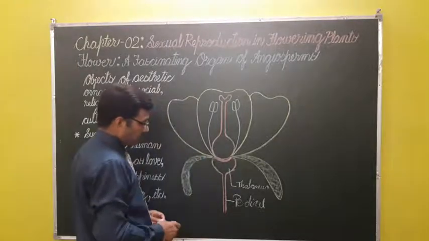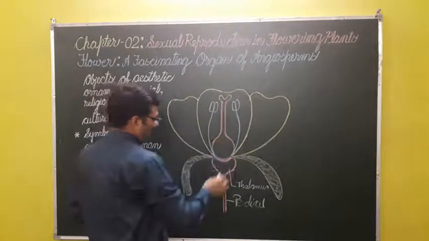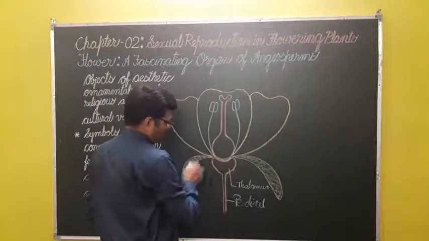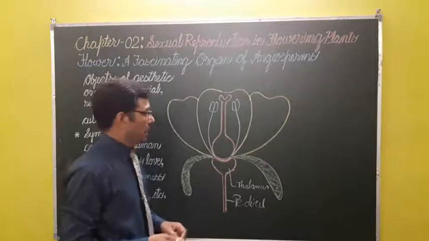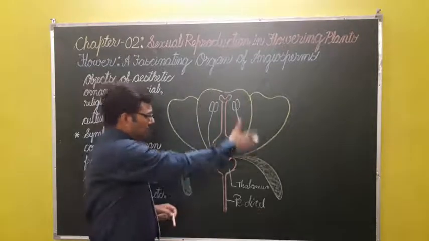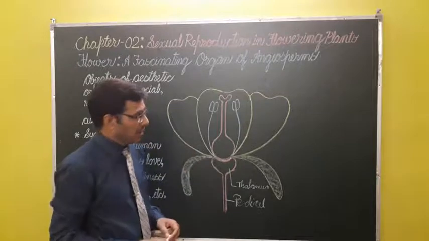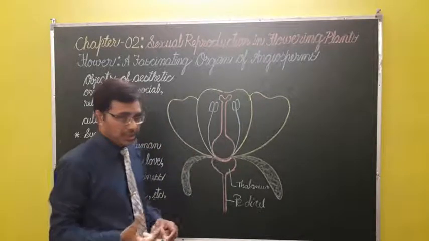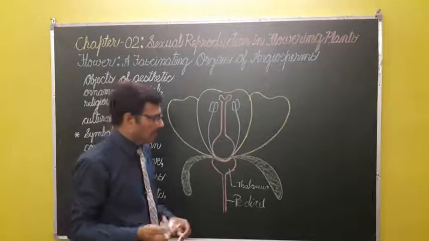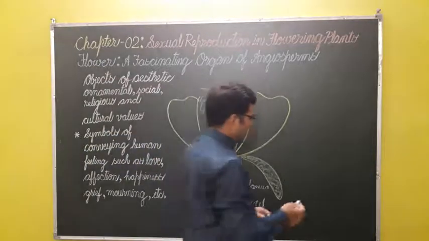Now, as I told you, in this way we are observing the different whorls of a flower, and if we try to show it in a diagrammatic way, we can show it in this way.